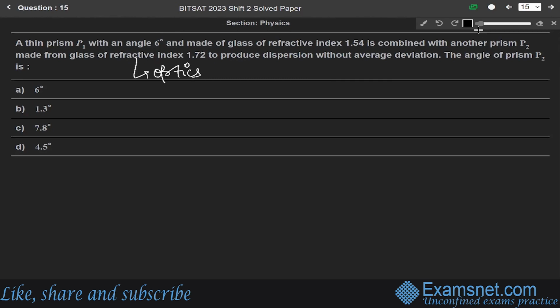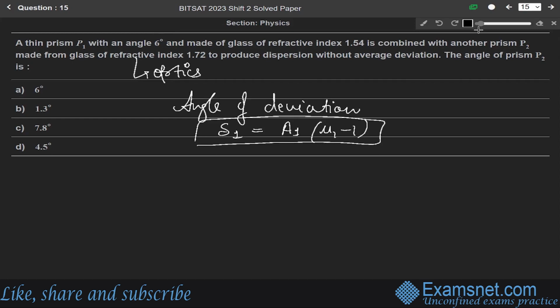We know the equation for the angle of deviation of a thin prism, let us say the first prism P1. This is the formula for finding the angle of deviation delta for the prism: delta is equal to A into (mu minus 1), where mu is the refractive index.